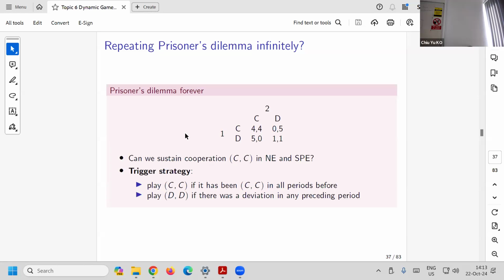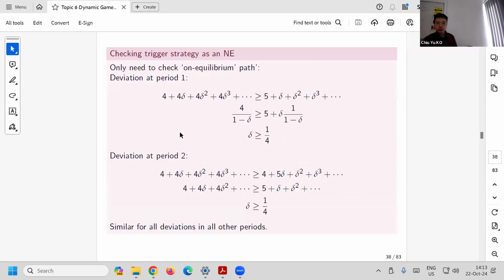So as long as your discount factor is high enough, if you remain in the good outcome, you get 4, 4, 4, 4 forever. If you become a bad guy, you get 5 and then 1, 1 forever. So basically just compare these two, and you can see that as long as the discount factor is high enough, cooperating is at least as good.